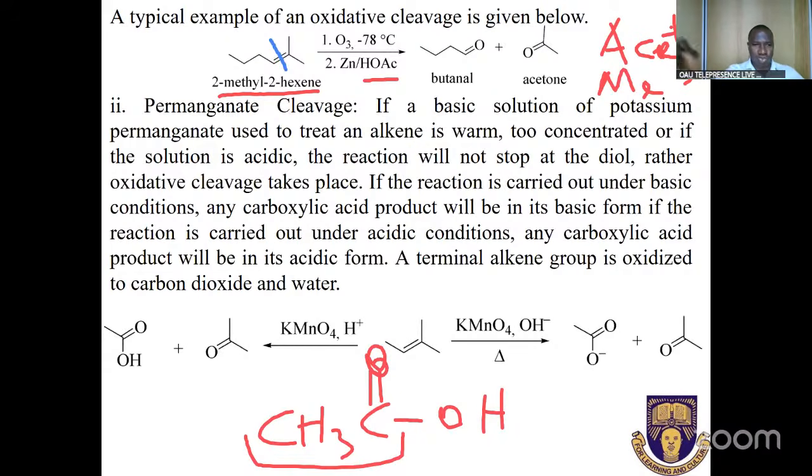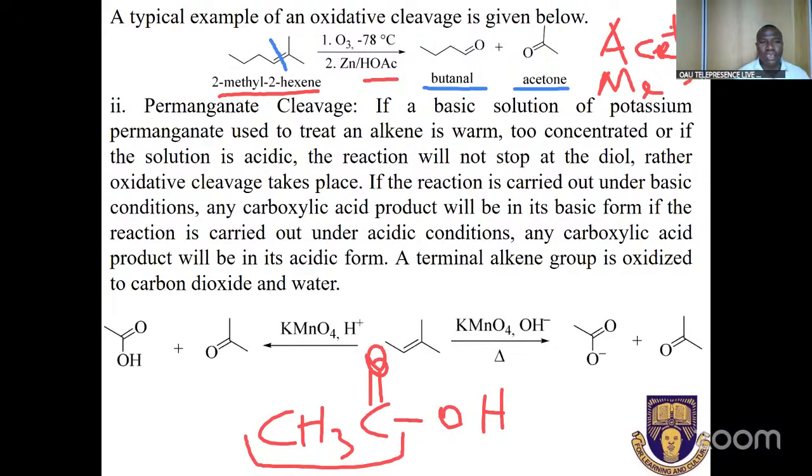You divide it into two, but you still have a double bond on the left-hand side and on the right-hand side. And you insert oxygen to both the left-hand side and the right-hand side. You realize that on the left-hand side you end up with this butanal, and on the right-hand side you end up with acetone, or what we call propanone. Please look at that carefully and make sure you follow what I'm saying at this point.